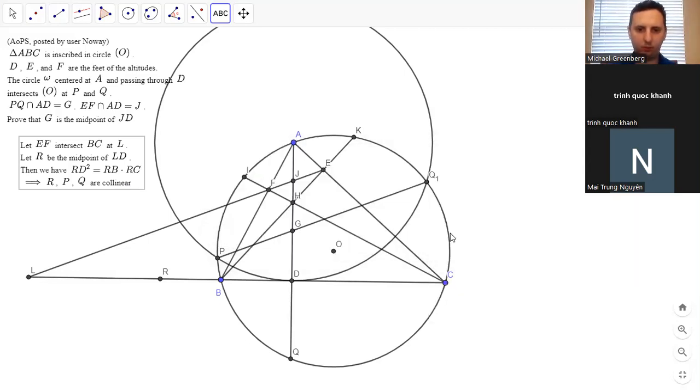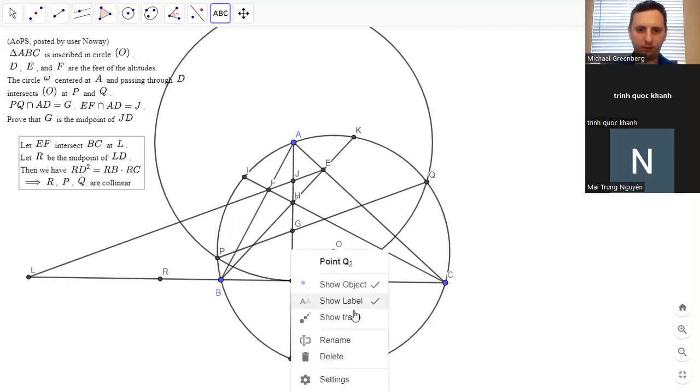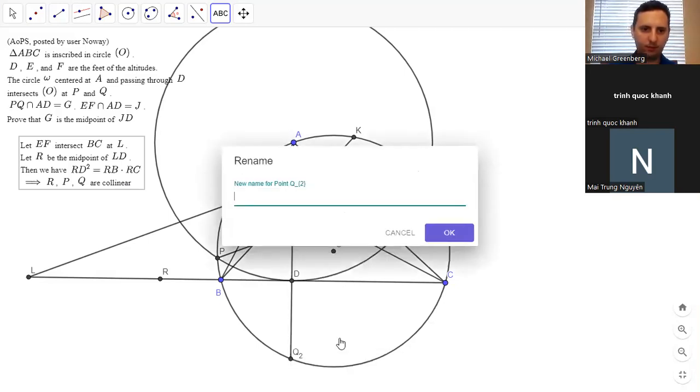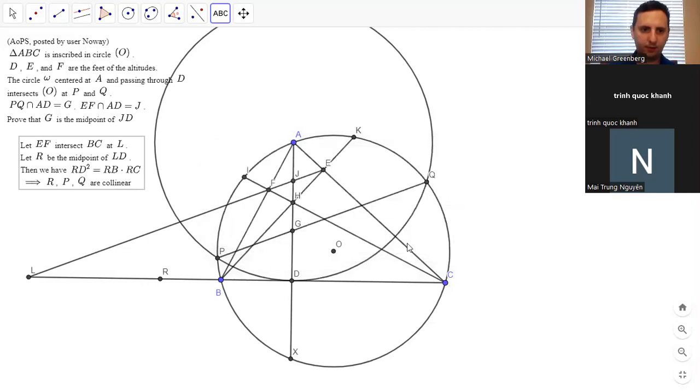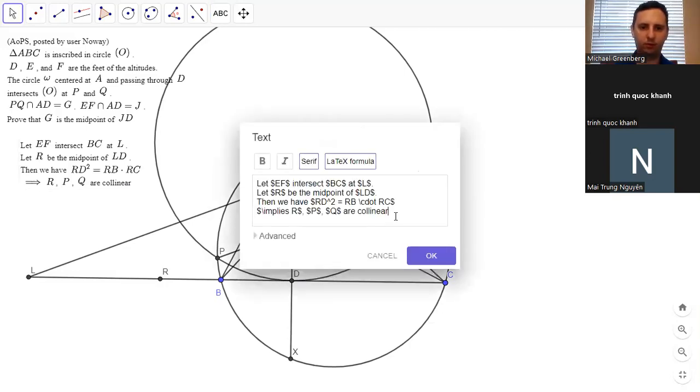It should be Q. This should be, I'll call it X. So since RD squared is RB times RC, basically that means it's on the radical axis of the two circles.